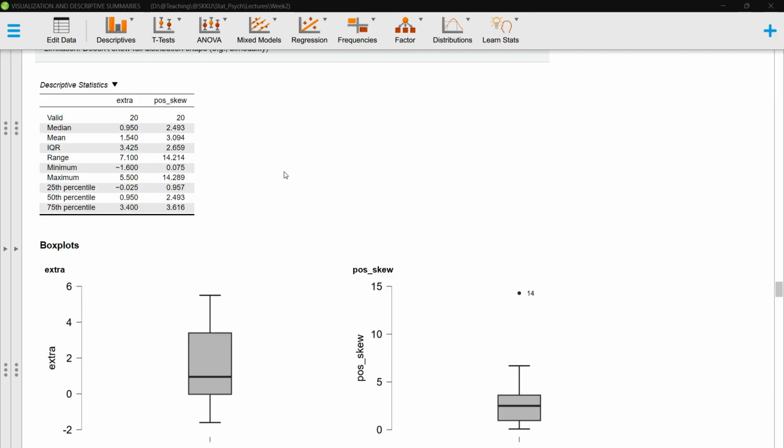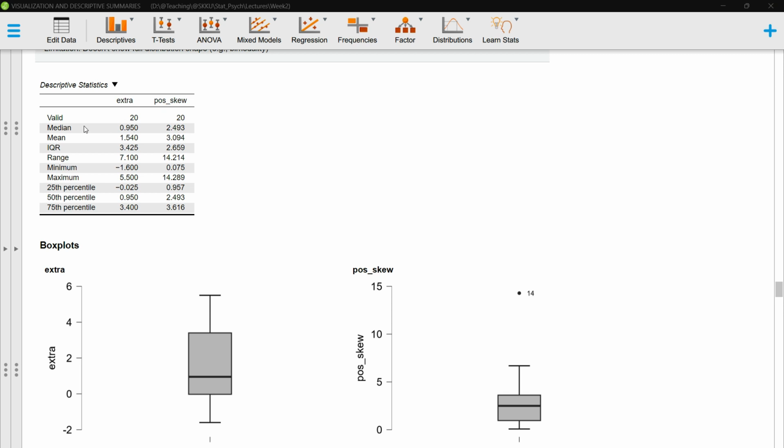Okay, let's look at the example in more detail. When we look at the distributional statistics, the descriptive statistics related to the box plot, we see the median value here for the two variables. One is for extra hours, and the other one is generated by computer. The 20 observations are generated on purpose to have some positive skewness in the data set.